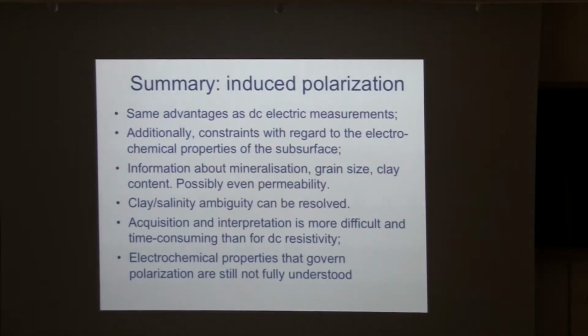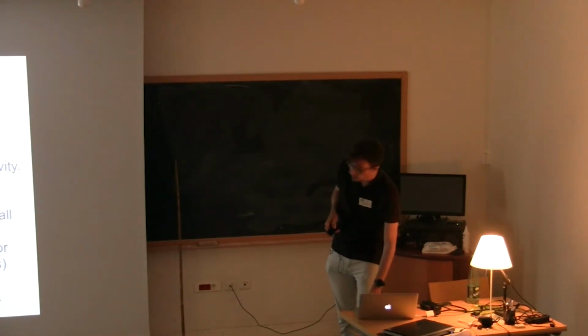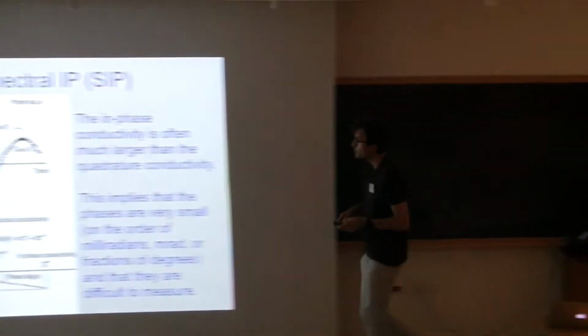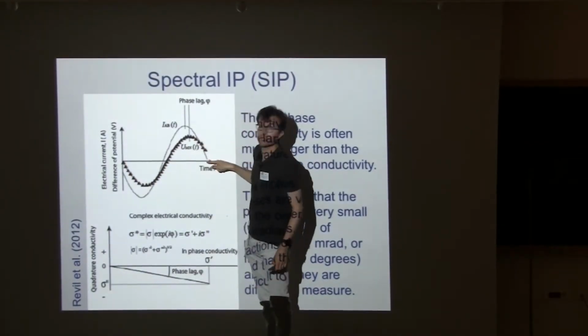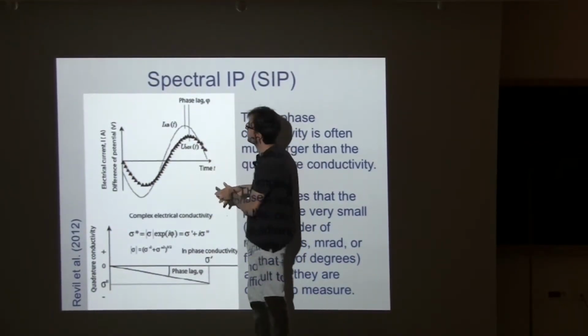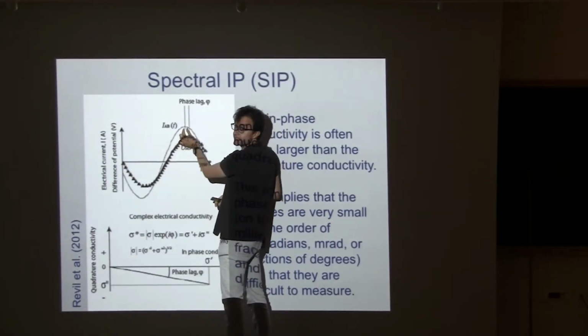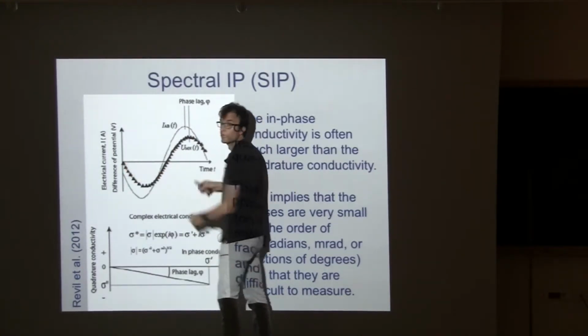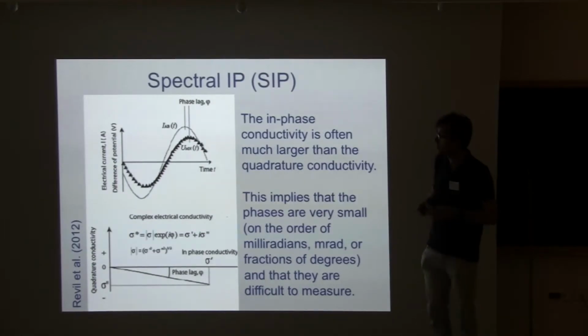So yes? The imaginary conductivity would just be, if you imagine that one cycle like this is 360 degrees. Now let's say this is t, and this is delta t, the delay. So if you take delta t over t and you multiply by 360, you would essentially have your phase.